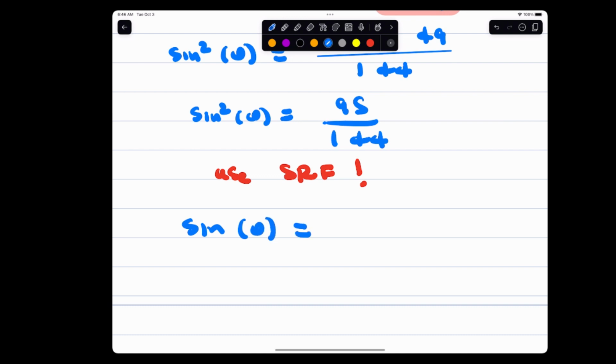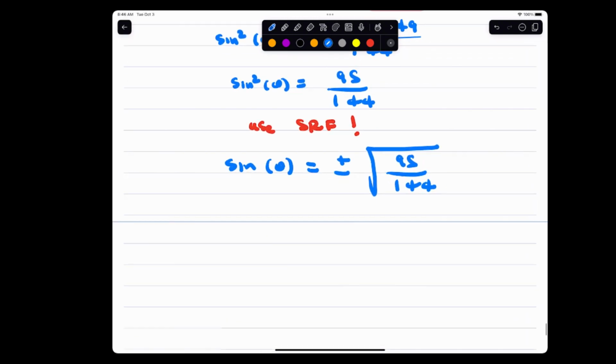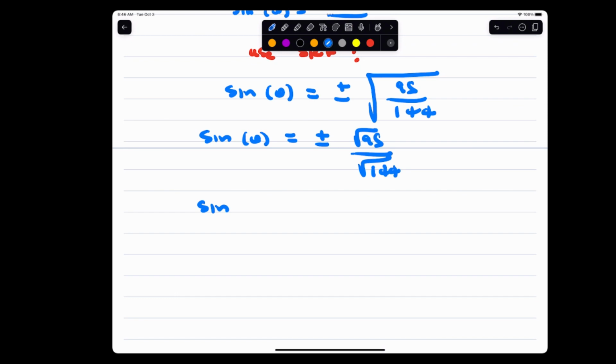Sine of theta will be plus or minus square root of 95 over 144. Sine of theta will be plus or minus square root of 95 over the square root of 144. Is that right? And what's the square root of 144? Do you guys know what that is? It's 12.